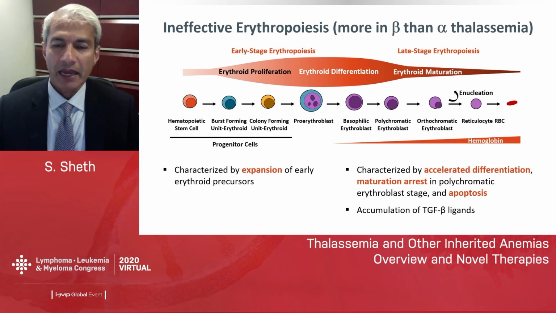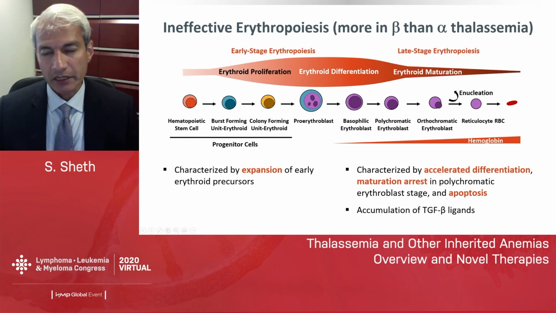And as a result of that, there is apoptosis of the precursors in the bone marrow itself, a maturational arrest, and accumulation of those proteins that are members of the TGF-beta superfamily of ligands that prevent this maturation from occurring. And as a result of that, you'll see that the hemoglobin is not formed normally, and therefore the individual becomes significantly anemic.